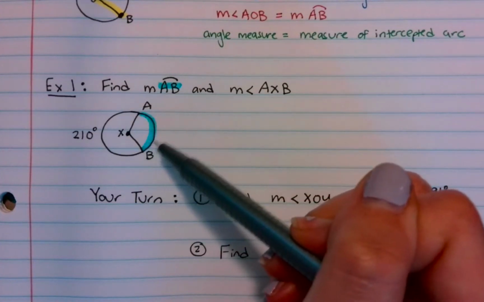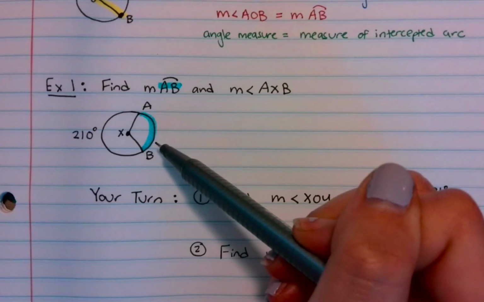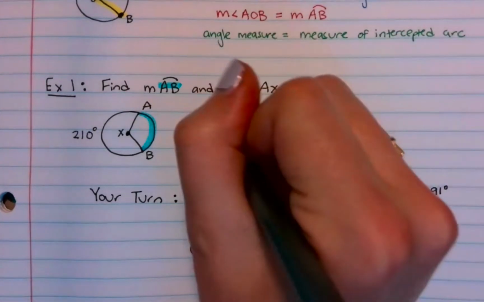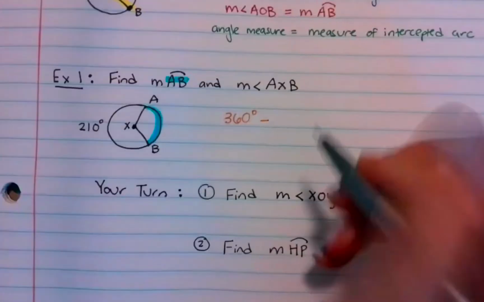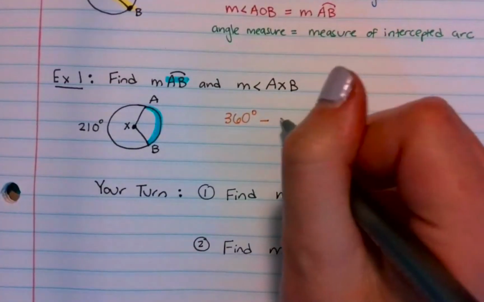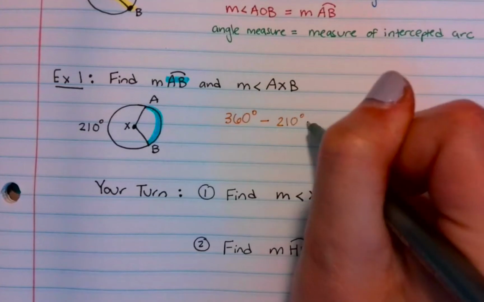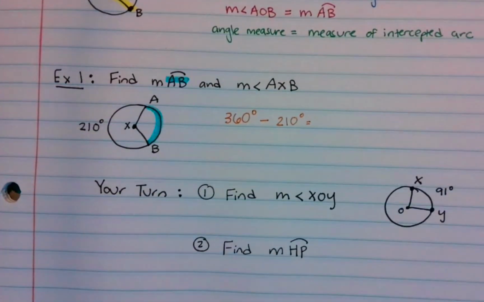So the measure of arc AB, which is the leftover arc of the circle, would just be the difference between the full circle, 360 degrees, and that arc, 210 degrees. When I subtract 360 and 210, I find that the measure of arc AB is 150 degrees.